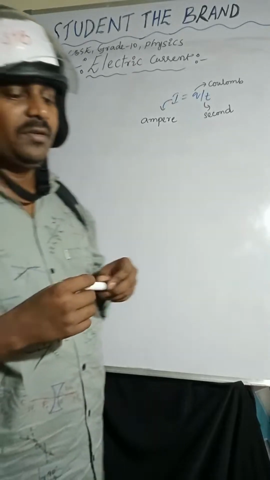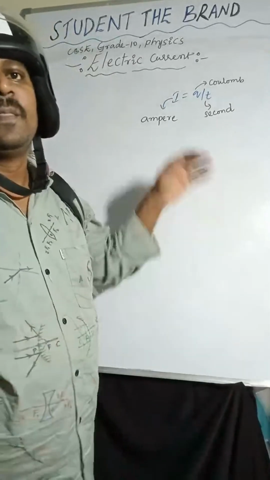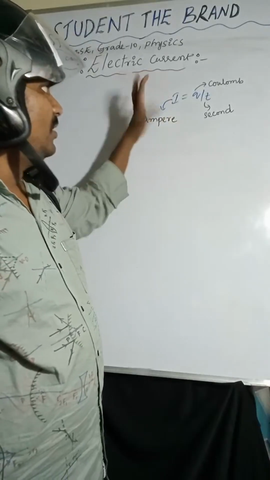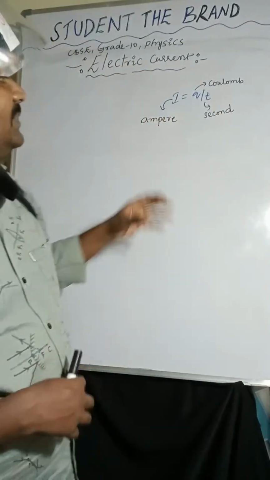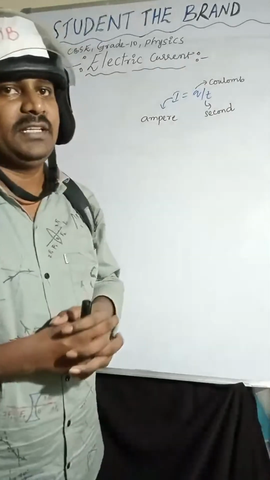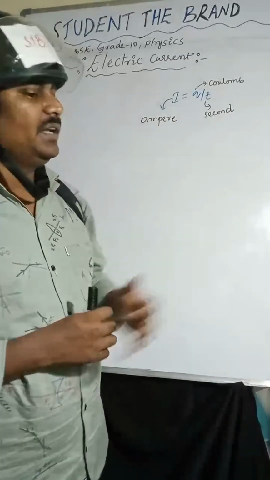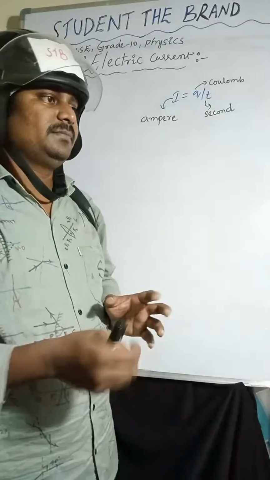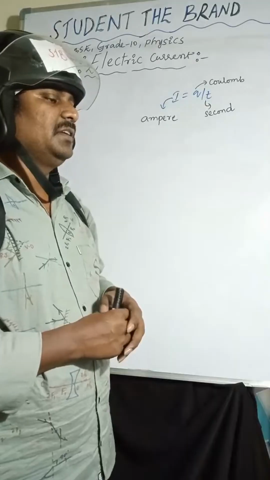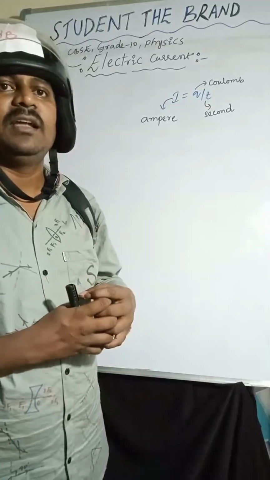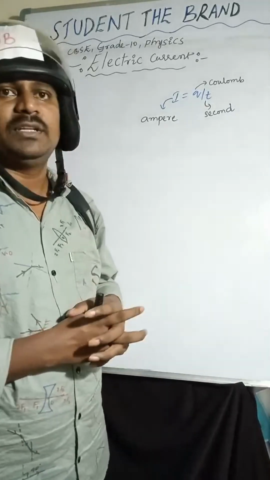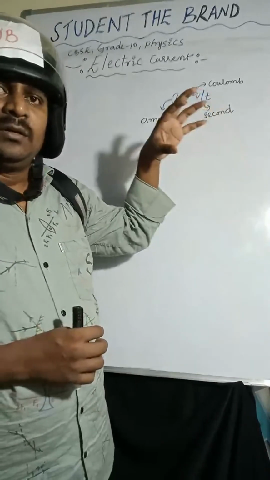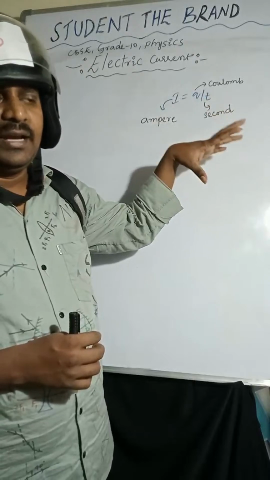Once again, observe here: electric current is the rate of flow of charge. Actually, the net charge flowing through a unit cross section area per second, if you go in depth. You know electric charges and fields in plus two, where we'll discuss more points that are there in grade 12.